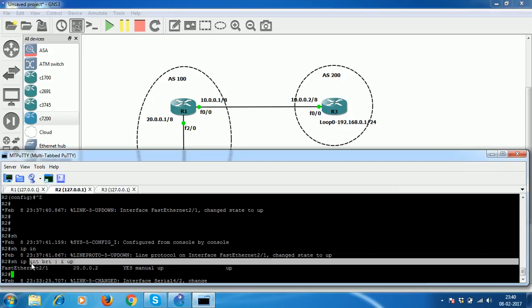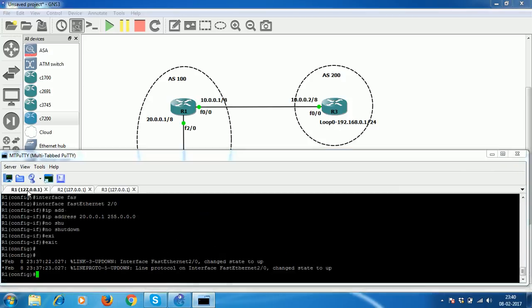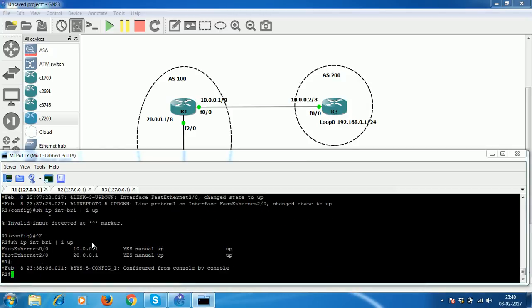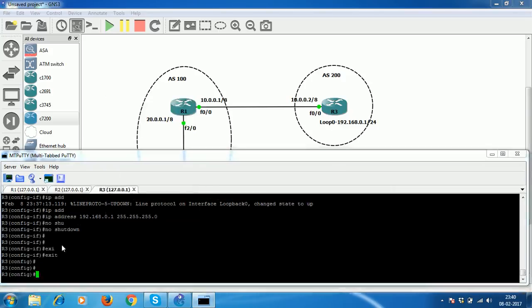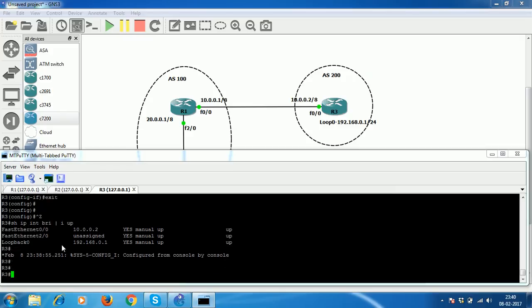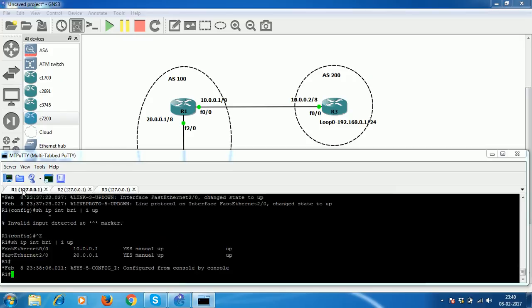Let's verify routers 1 and 3. Router 1 has interfaces 10.0.0.1 and 20.0.0.1. Router 3 has FastEthernet 0/0 10.0.0.2 and one loopback interface. Fine.